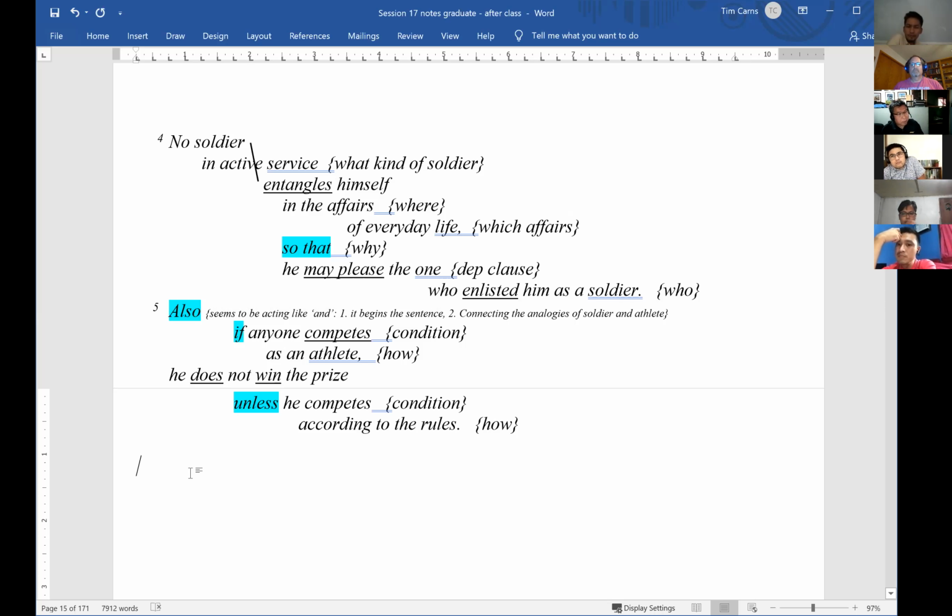I would, if I may add to Pastor Athan, I would agree with him because here in the passage, Apostle Paul gives three examples: one of a soldier, another of an athlete, and another of a farmer.